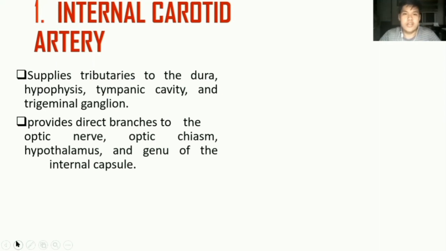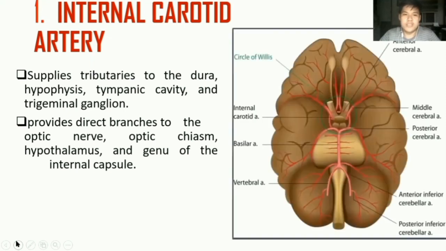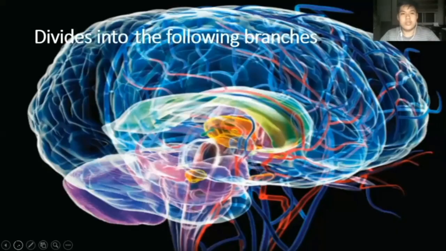So the internal carotid artery supplies tributaries to the dura, hypophysis, tympanic cavity, and trigeminal ganglion. This also provides direct branches to the optic nerve, optic chiasm, hypothalamus, and genu of the internal capsule. This artery divides into the following branches.